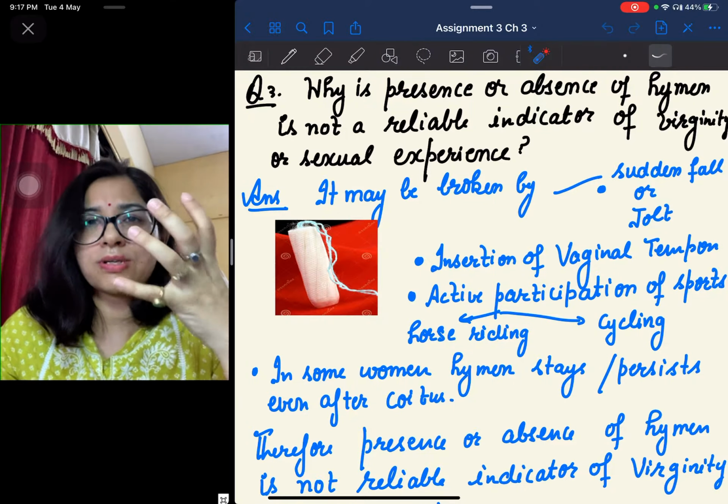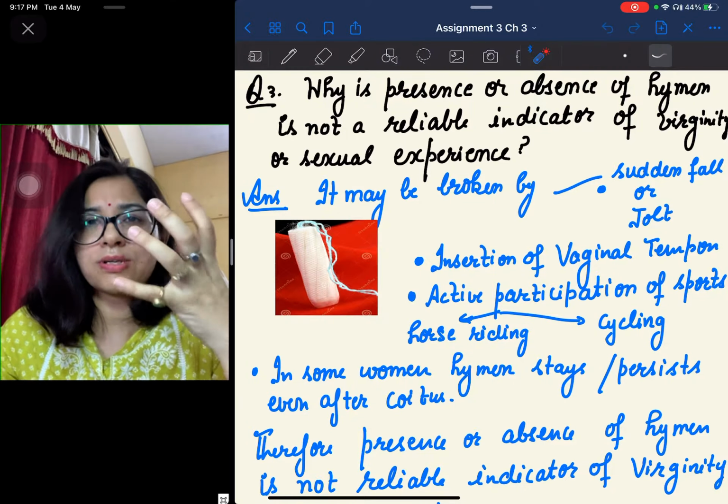In some human females, it has even been seen that hymen persists after the first sexual intercourse. So it is not at all a confirmatory, reliable indicator to describe whether a female is a virgin or not.